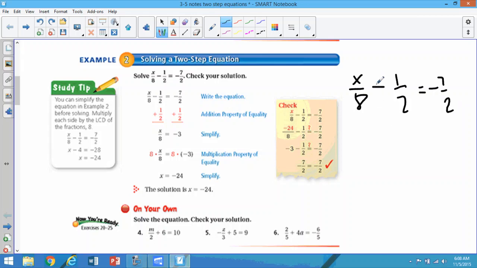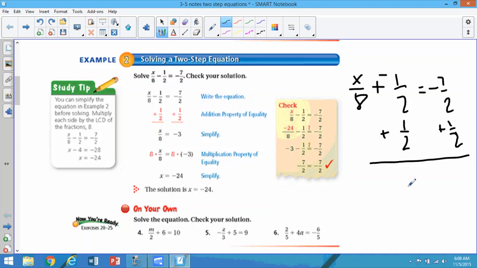Okay, I'm going to turn this into plus a negative right away. This then becomes plus a negative 1/2. The opposite of adding a negative 1/2 is subtracting 1/2, or adding the opposite of this 1/2. Actually, it's not subtracting, it's adding. Adding the opposite, which is 1/2. I just really like to do adding the opposite instead of subtracting.